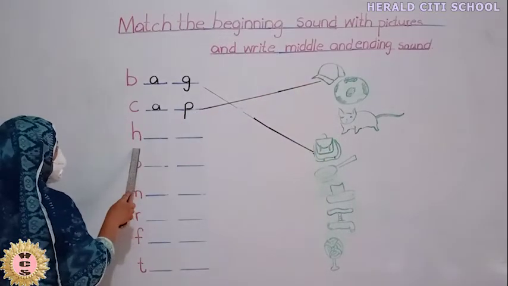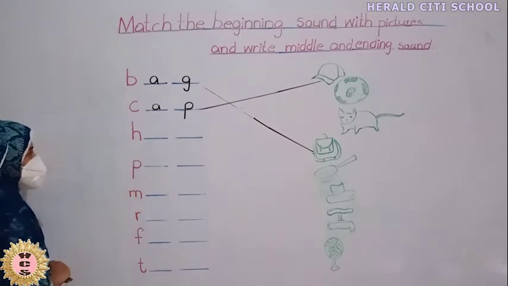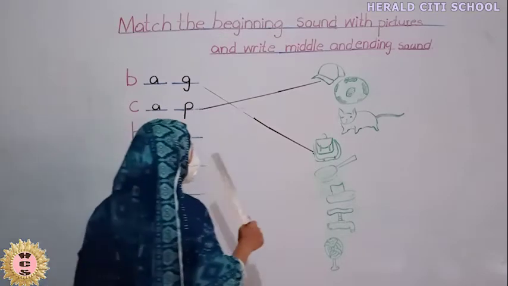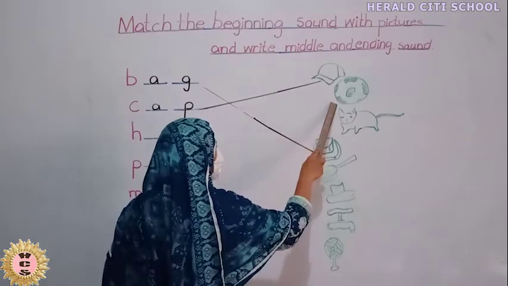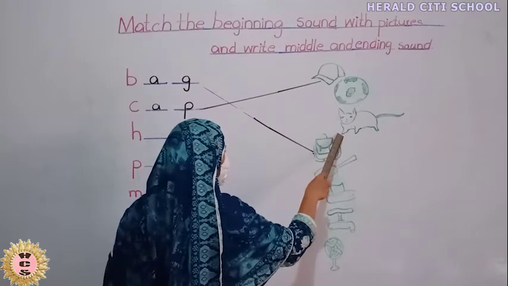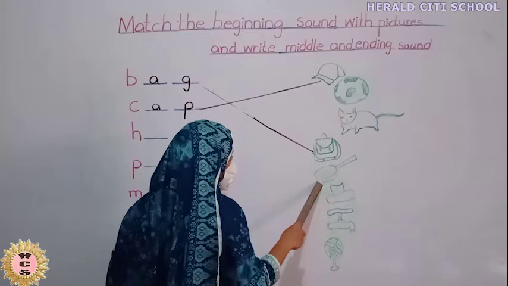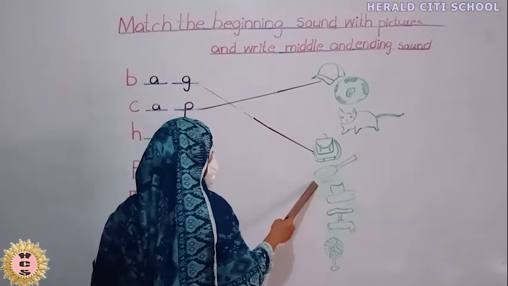Which sound is this? This is H. Now let's see, children, which thing is starting from the H? This is map. This is red. This is pot. This is pen.